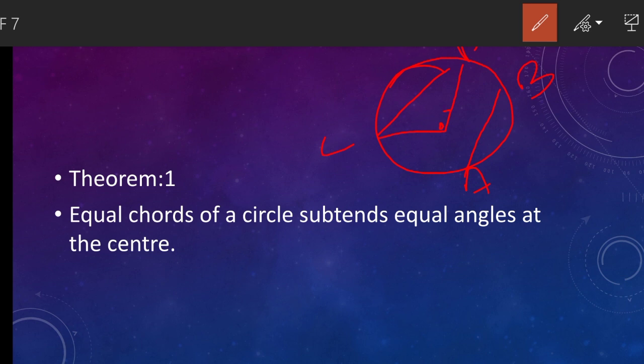That means angle COD and angle AOB will be equal if AB is equal to CD. If AB is equal to CD, then only we can say that the angle at the center, at the point O, will be equal.